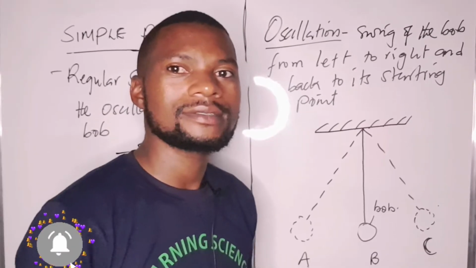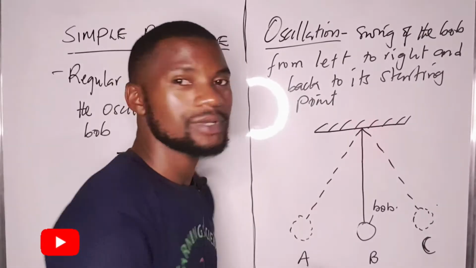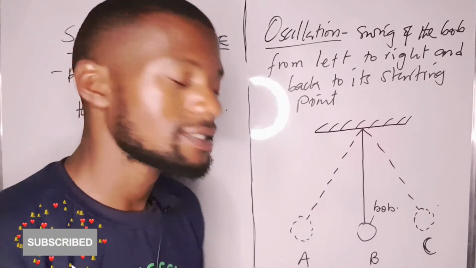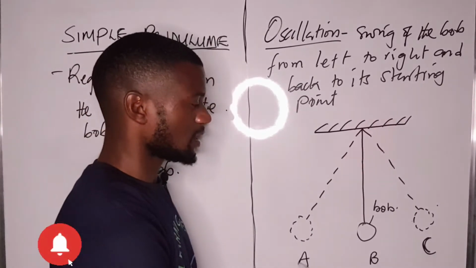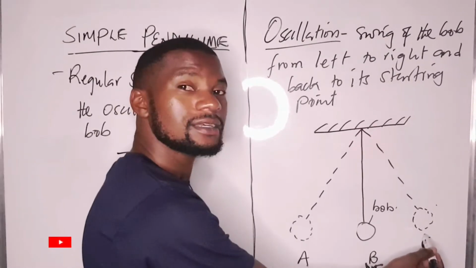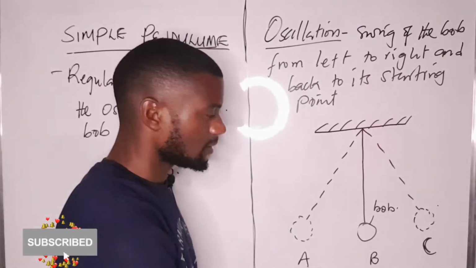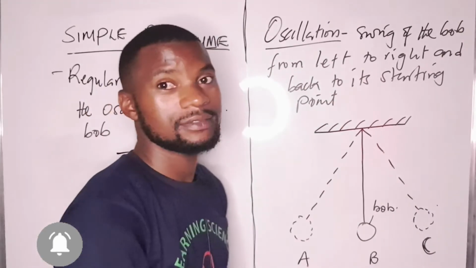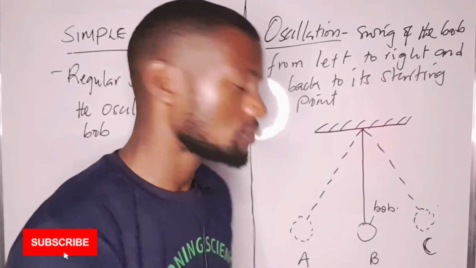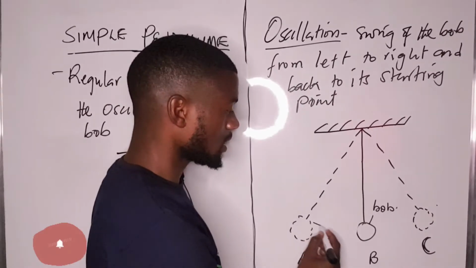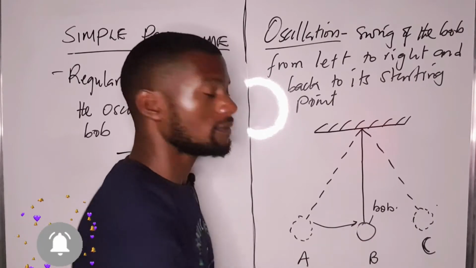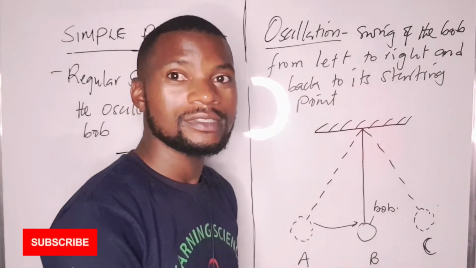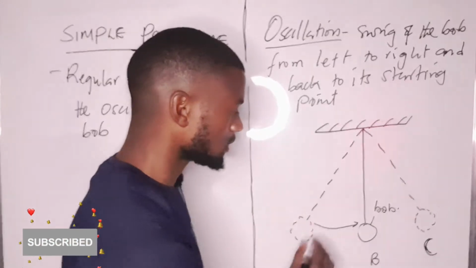Now, let's look at this diagram which we have here. When the bulb moves from A to C and back to A, it means it has moved a complete oscillation. In a situation where a bulb moves from A to B, it moves 1/4 of an oscillation.